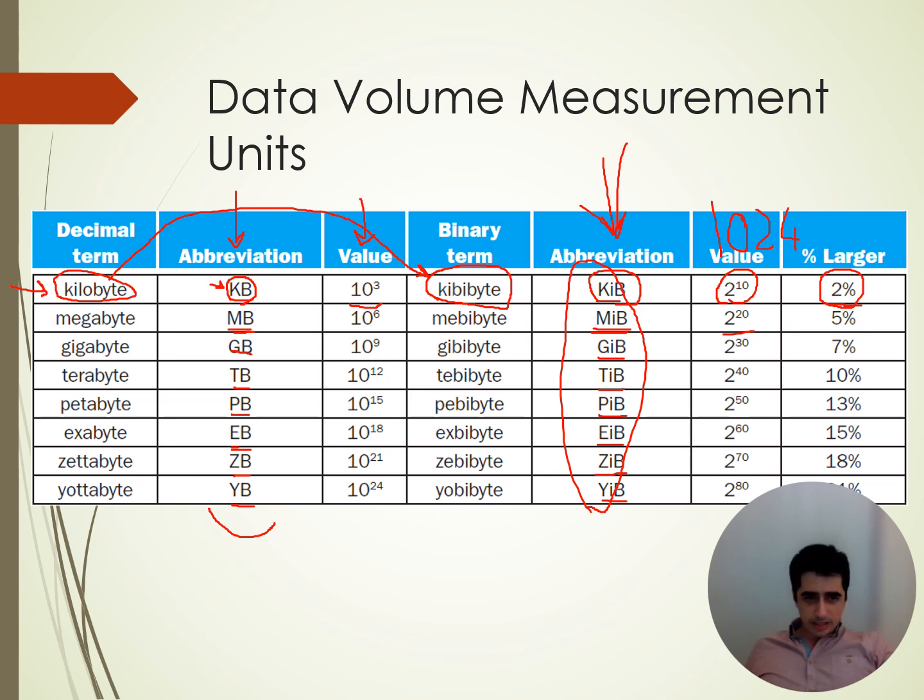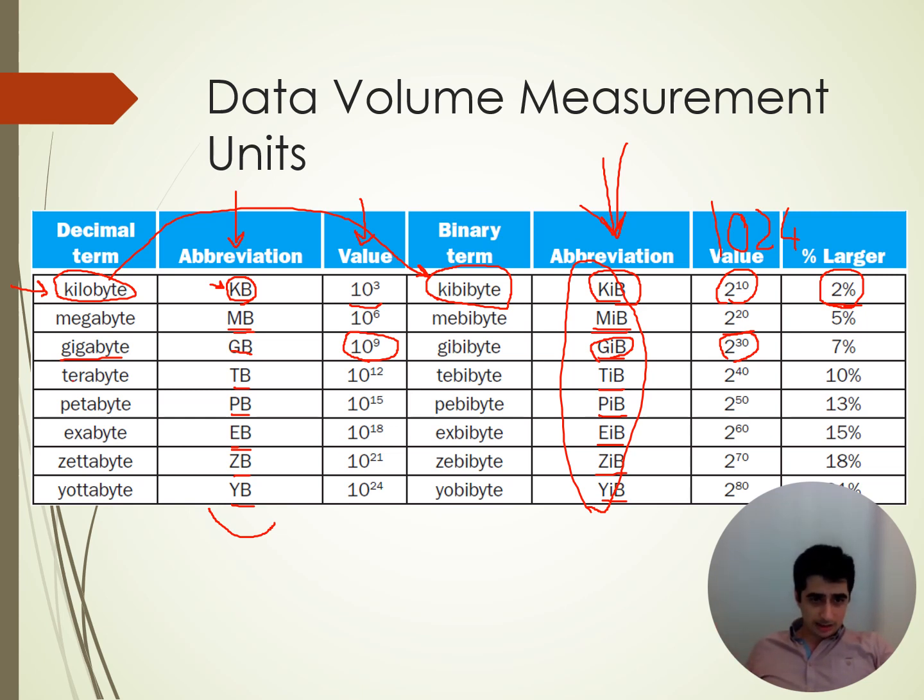The next row is gigabytes, which is 1 billion bytes, or 10 to the power of 9 bytes. The binary version is called gibibyte, represented by GiB, and that's basically equal to 2 to the power of 30, which is around 1,070,000,000 bytes.